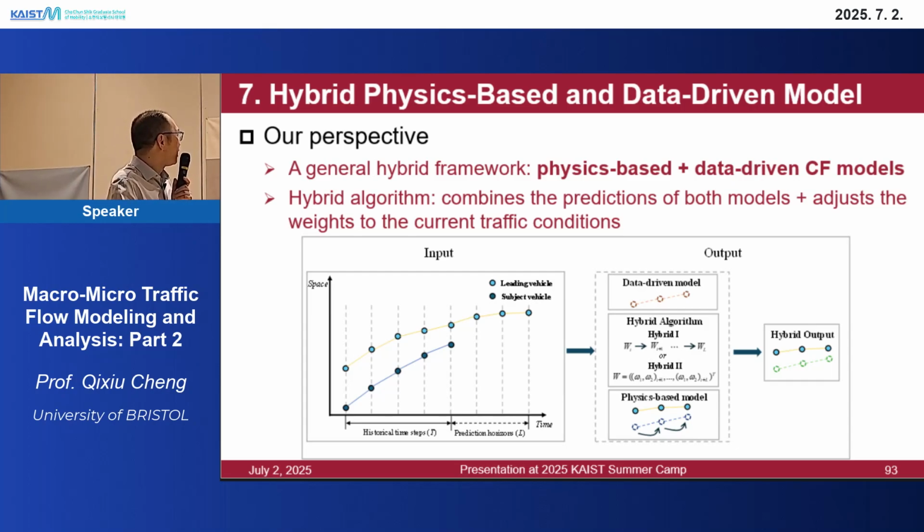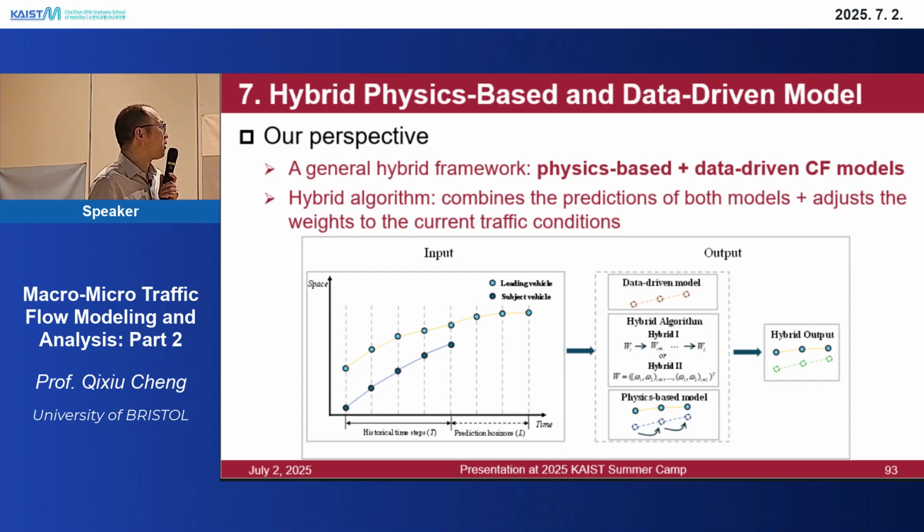So our perspective is also to propose a physics-based model and a hybrid physics-based and data-driven model. In the framework, we have the historical time steps. We input T steps of historic data, and we need to predict the next L steps. If we use a data-driven model, we can predict the next L steps all at once.